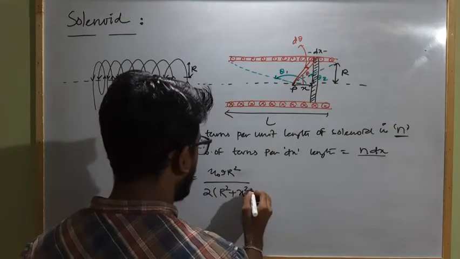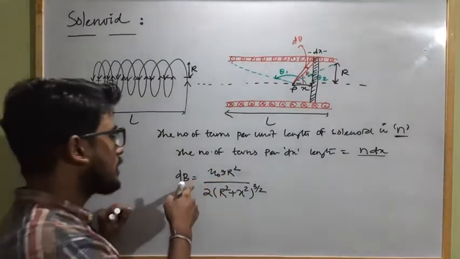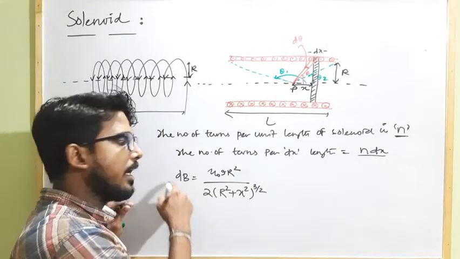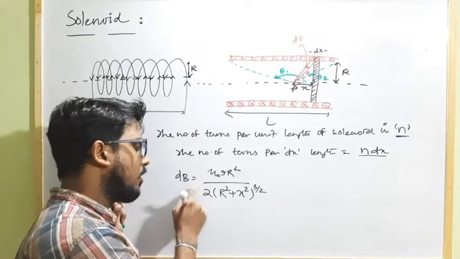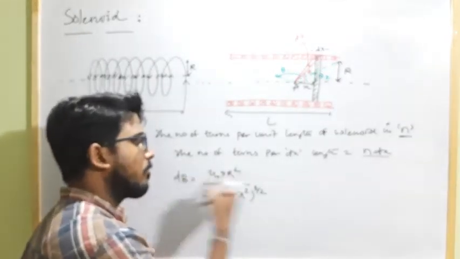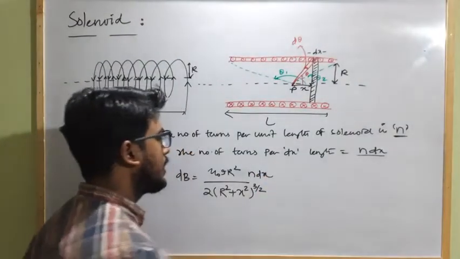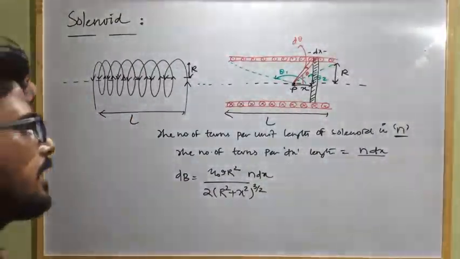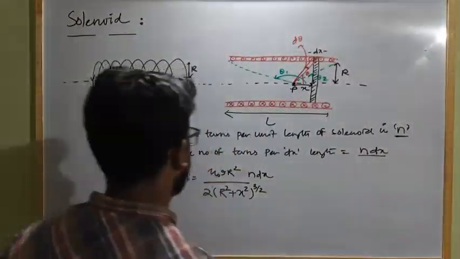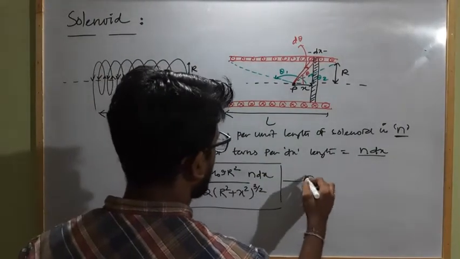This is the magnetic field strength at an axial point due to a single turn of a circular current carrying coil. Here this is the expression, but there are n dx number of turns. This is the net magnetic field strength at point P due to this strip of thickness dx which carries n dx circular coils. Clear? Let it be equation 1.